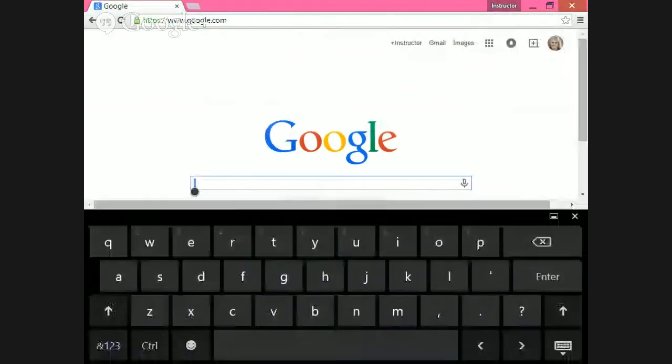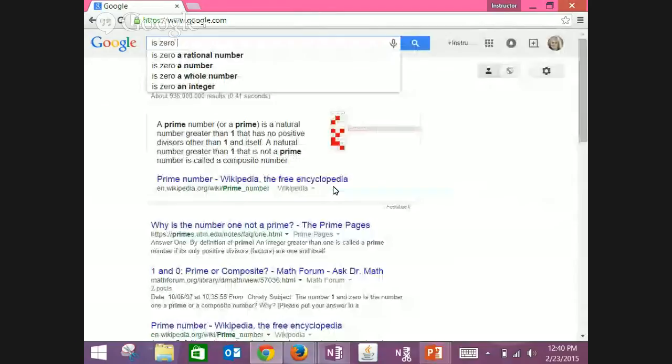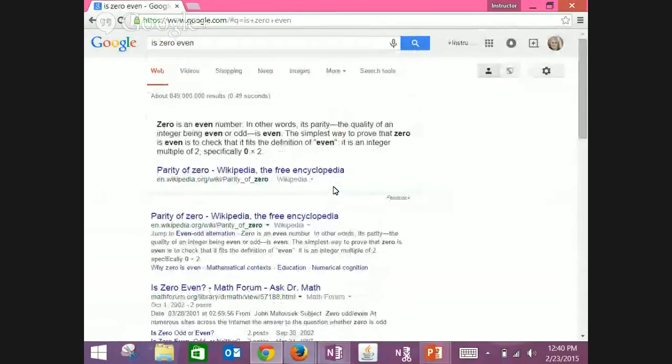Is 1 prime? 1 is not prime, but it is odd. Is 0 even? Yeah, so it is even. FYI. Now ask it if it's prime. Or, is 0 odd?